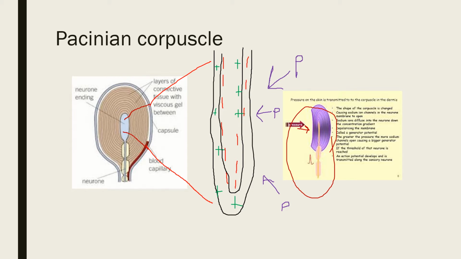So pressure is applied, it causes the influx of positive ions and the release of negative ions out of the neuron, which causes an electrochemical gradient. Due to this gradient and the positive charge inside the neuron, a generator potential is produced with impulses traveling along the neuron.